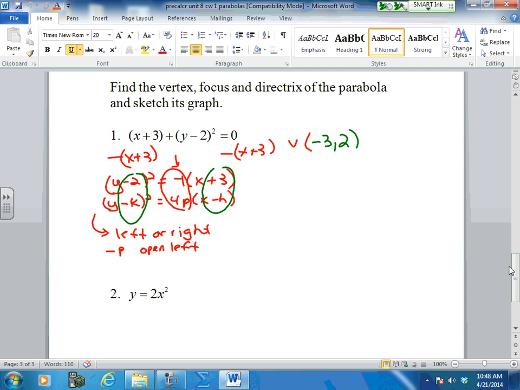Because if I took this and I did this, 3 is equal to -h. I divide by a -1, therefore h is equal to -3. I take this one, just like you read it. -2 is equal to -k. I divide by a -1, and k is equal to 2. And your vertex says hk.